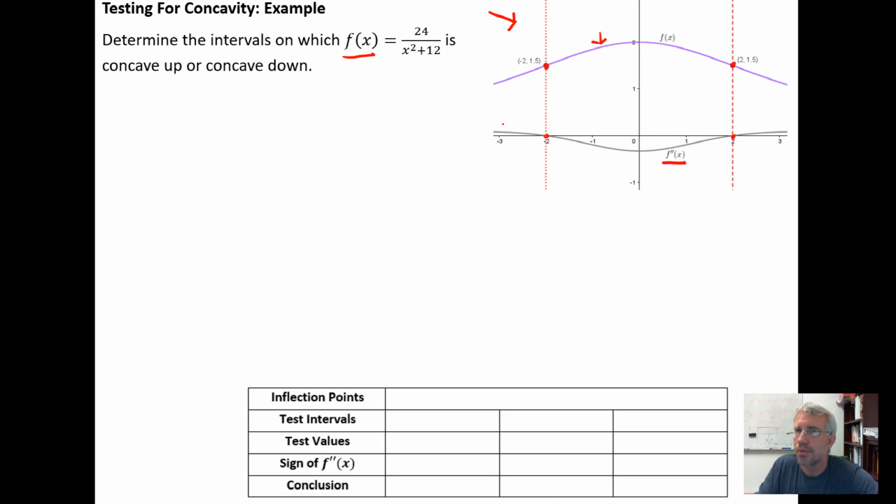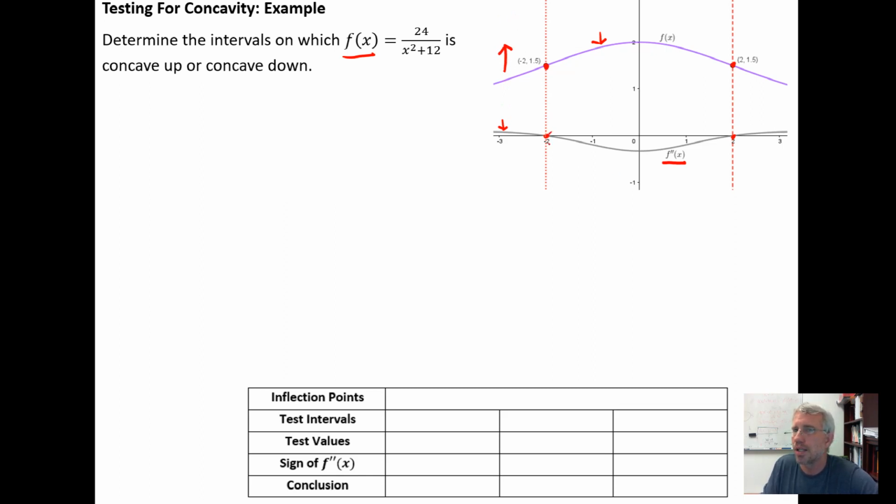The second derivative is positive, or above the x-axis, here. So I know from negative infinity up to this first inflection point, when x is negative 2, because the second derivative is positive, I expect my graph of f of x to be concave up.